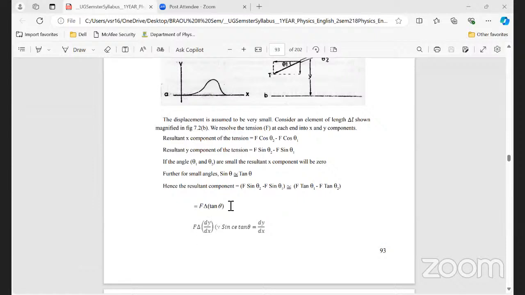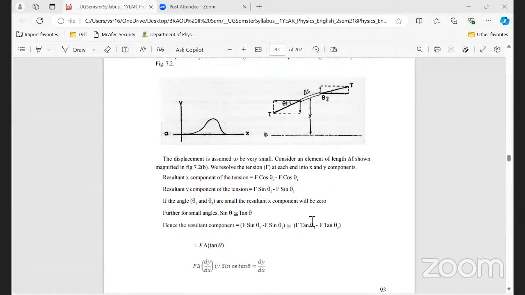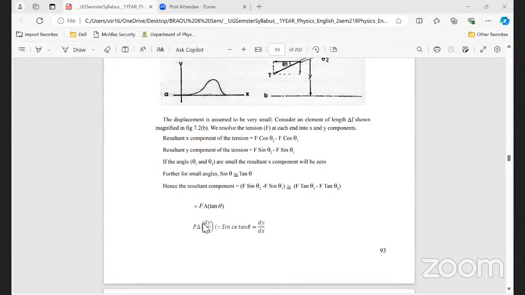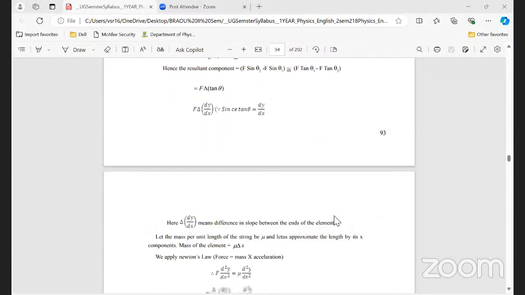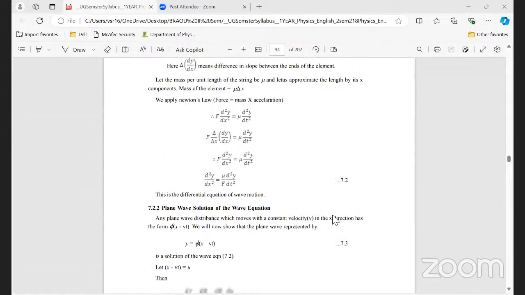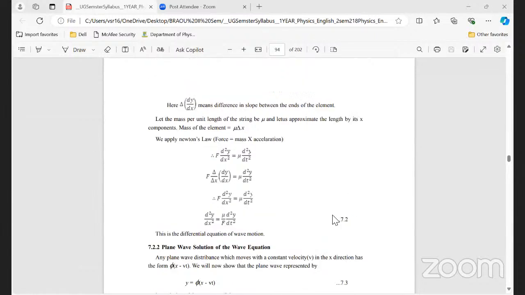Tan theta is opposite by adjacent, where opposite is dy and adjacent is dx. Substituting, we get F delta dy by dx, which gives the slope between the two ends of the element.